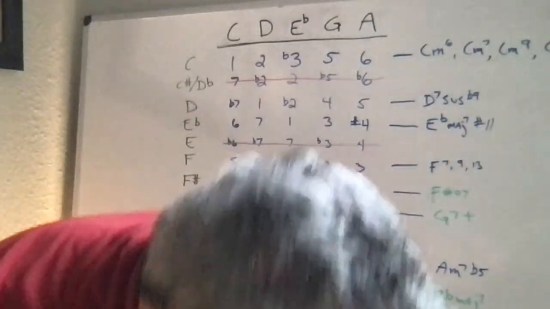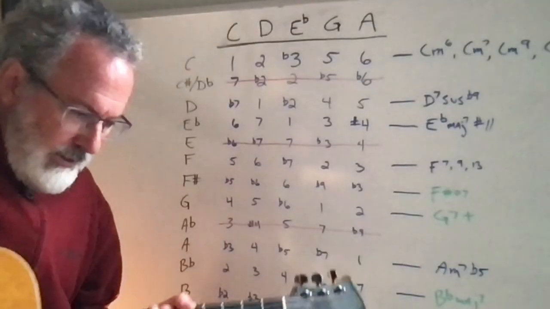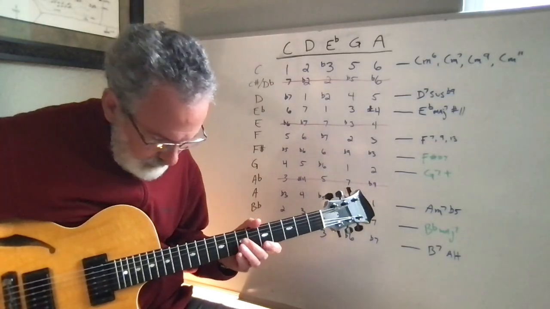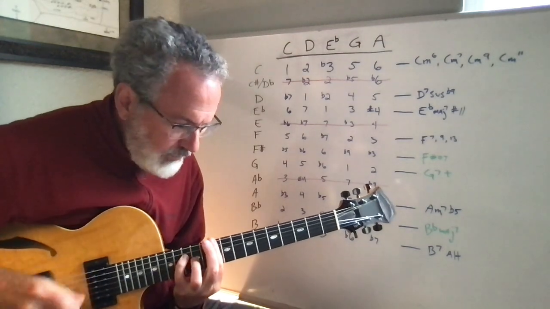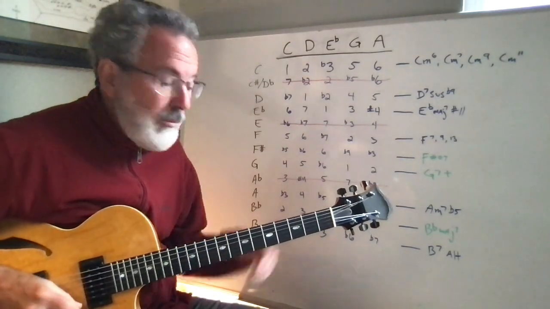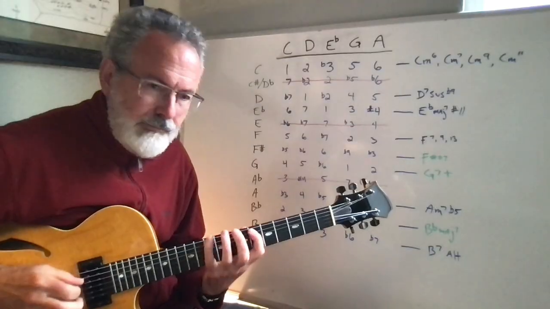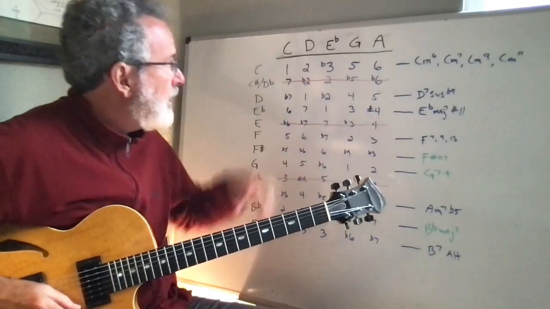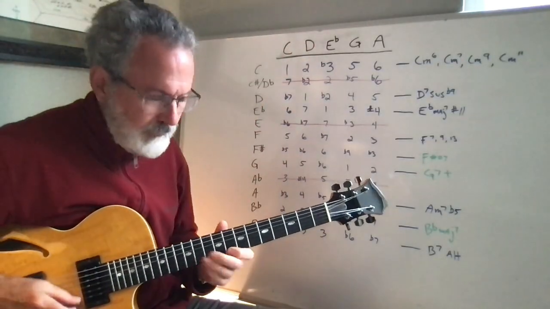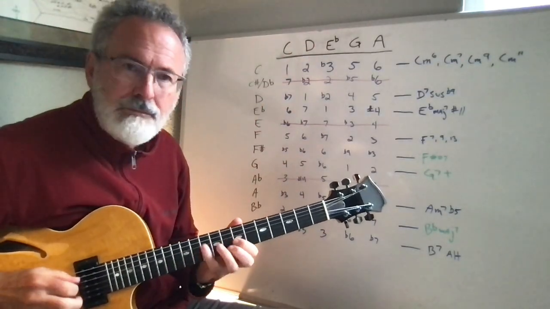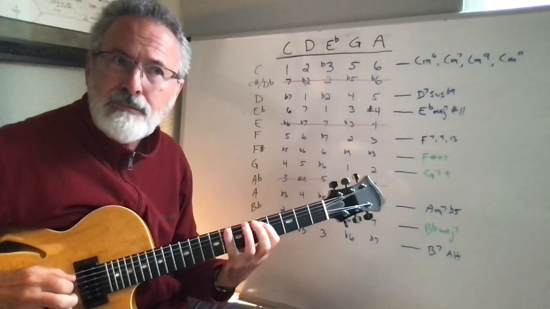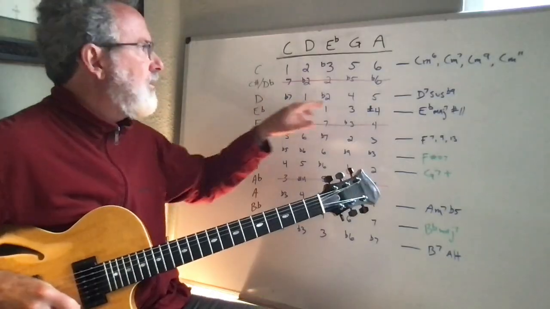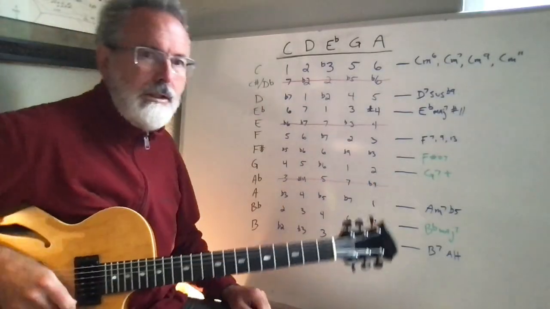So if we have a D7 sus, this kind of a sound, and we play the scale over it, I'm playing these notes. Sounds great. It works very well over that chord quality.